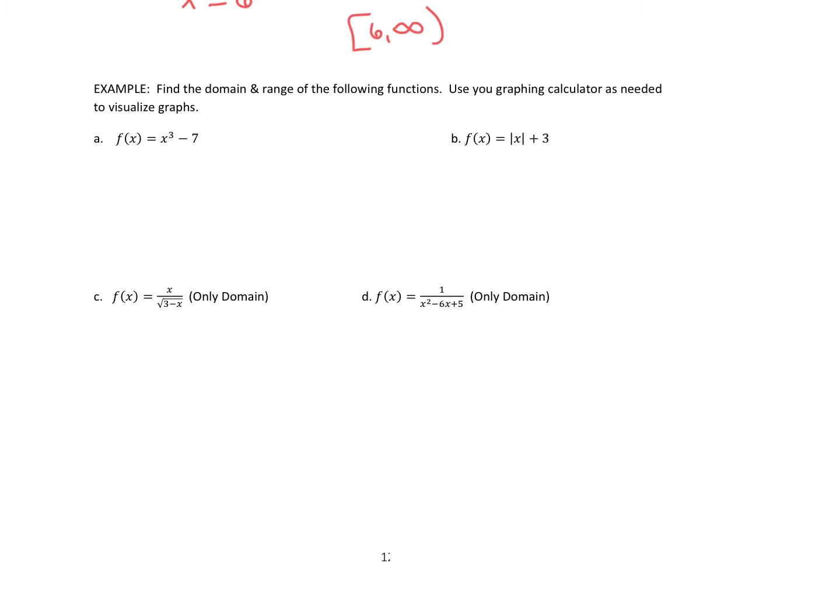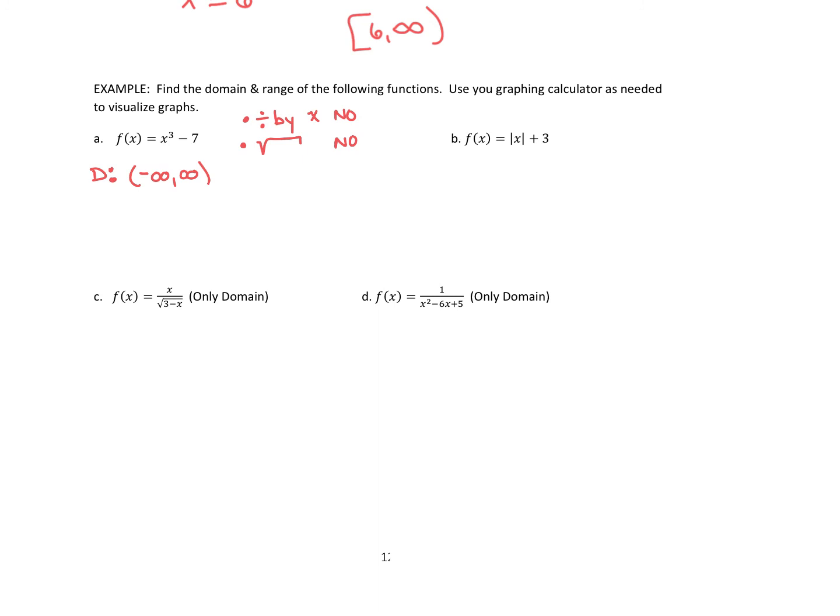So in this particular case, you have to ask yourself, is there any division by something that could possibly be 0? And the answer here is no. You also have to ask yourself, are there any square roots? And the answer is no. So if those things don't cause problems, then the domain is going to be all real numbers.